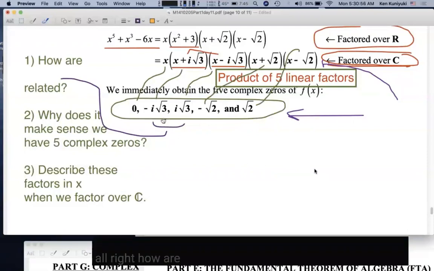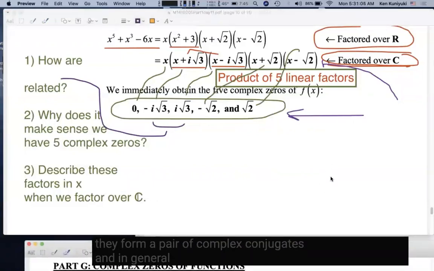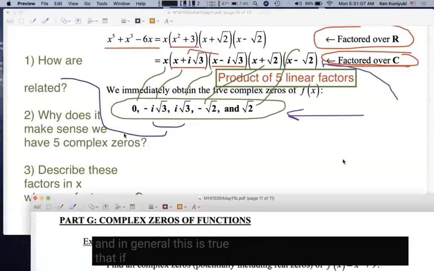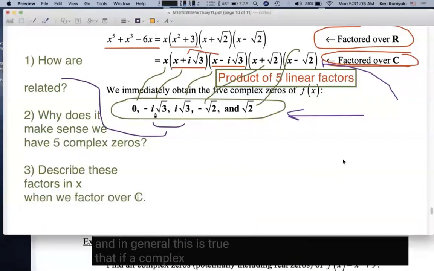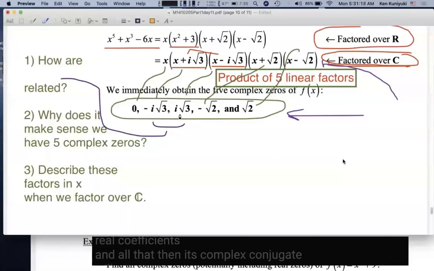All right, how are negative i root 3 and i root 3 related? They form a pair of complex conjugates. And in general, this is true, that if a complex number is a zero for a polynomial function with real coefficients and all that, then its complex conjugate will also be a complex zero.